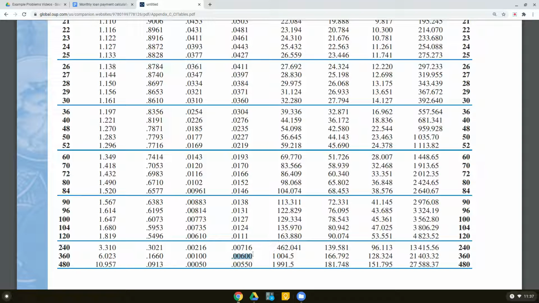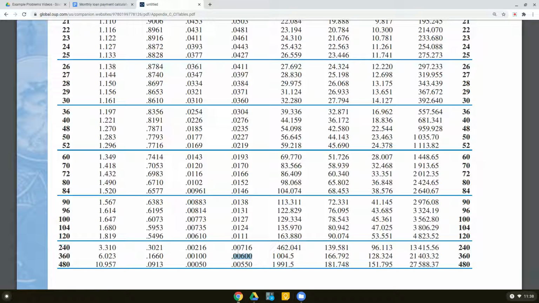Because your number is between these two numbers, your A given P value should be between 0.00716 and 0.006. It cannot be bigger than 0.00716, or smaller than 0.006, because that will not fit in the limits. But where exactly would it be?